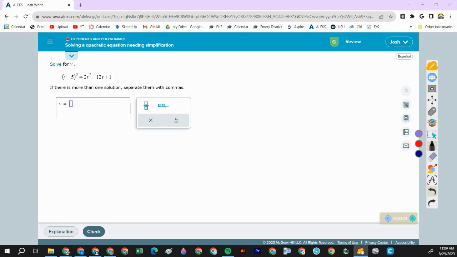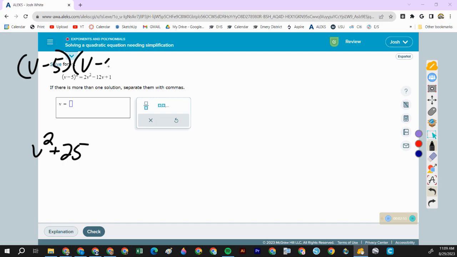All right. Same idea here, but I need to multiply v minus 5 times itself. Can you guys do that in your head? It's going to be v squared. Oh, is it v squared plus 25? That's most of it, but we're missing something.